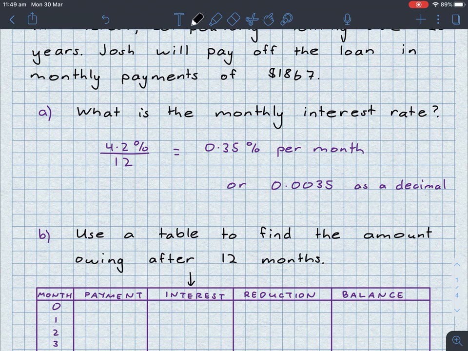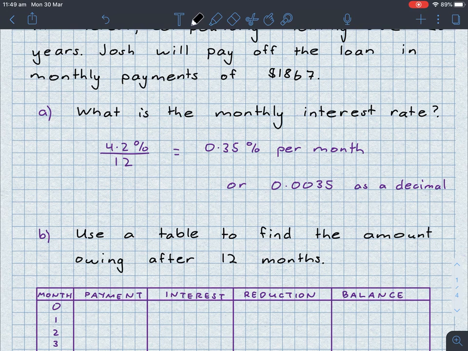Interest, we're going to calculate just the interest earned for that month. The reduction, I'm going to talk about when we get there, but that's how much is actually being taken off the loan once we calculate the interest that's been paid. And then the balance will be the final amount at the end of each month. And then after 12 months, we'll have our final balance for the year.